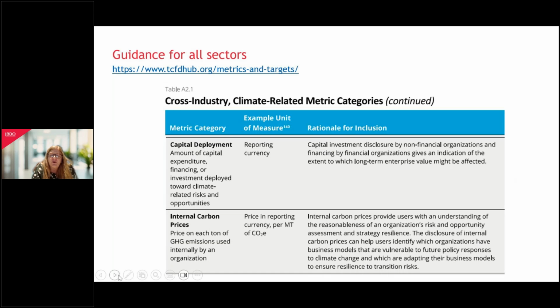That is, putting a price on each ton of GHG emissions, used internally by an organization. As you know, most divisions in a business will have their own divisional profit and loss or divisional budget. And if people don't have a consequence of GHG emissions in their financial budget, it would be easy for them to not think about it.